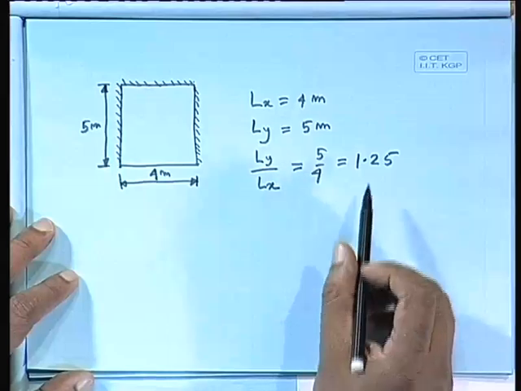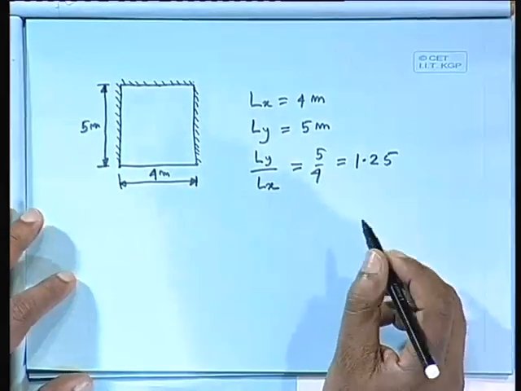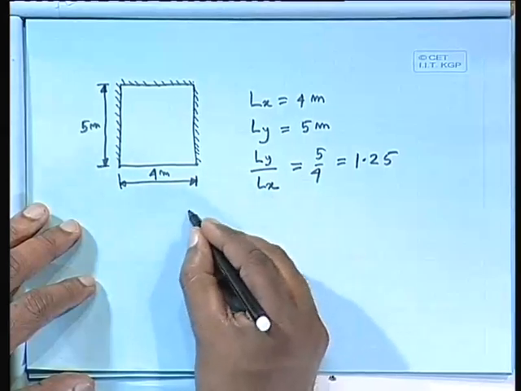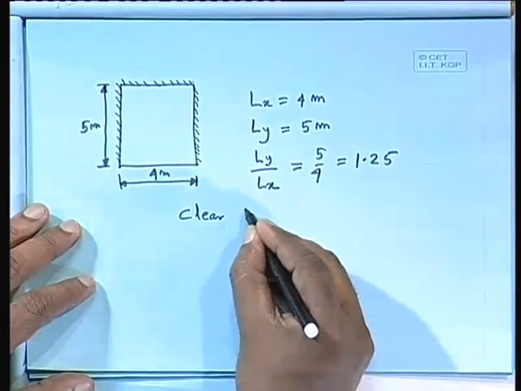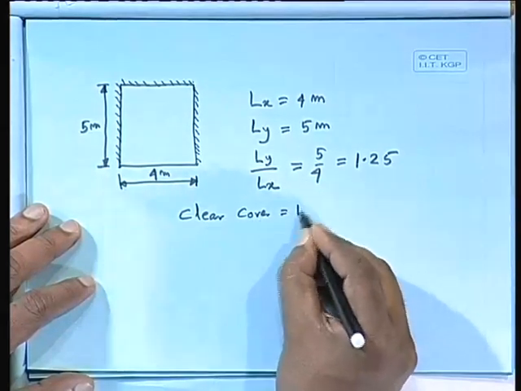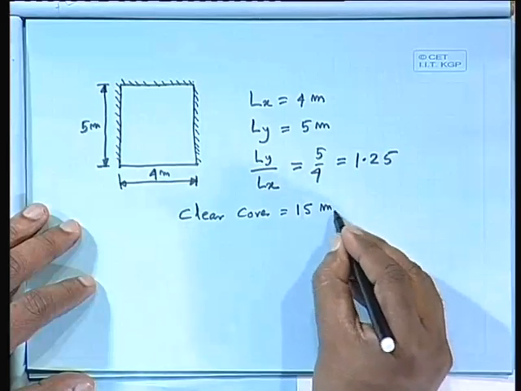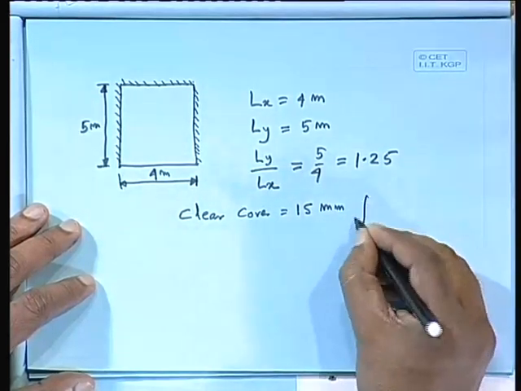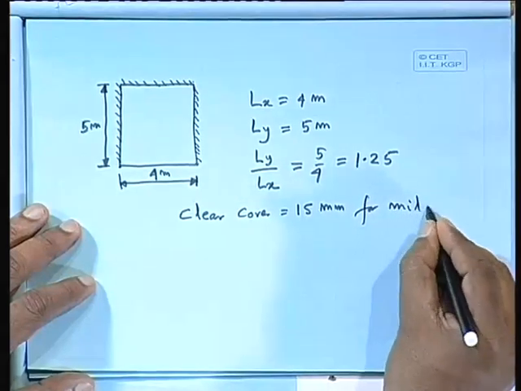So we shall use table 26 to find out those values. We can use, say, clear cover 15 millimeter for mild exposure.